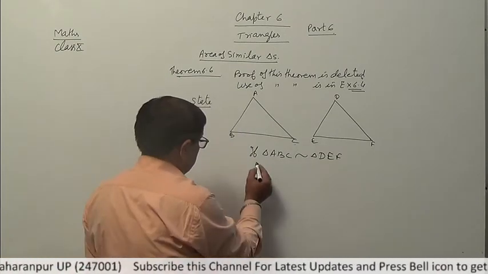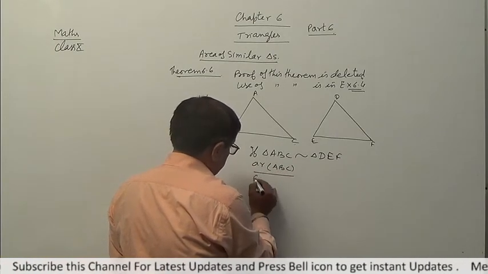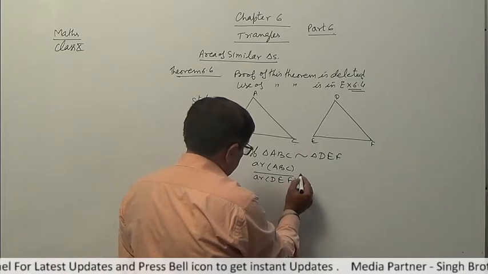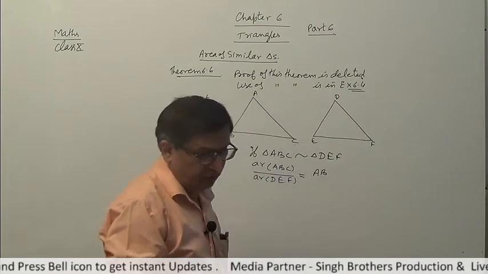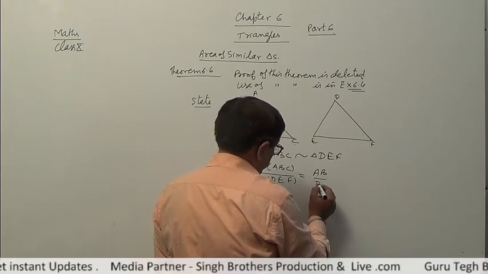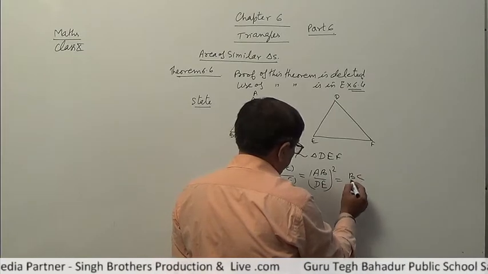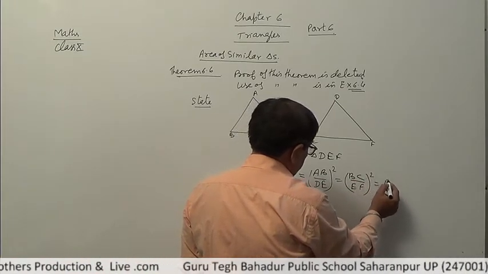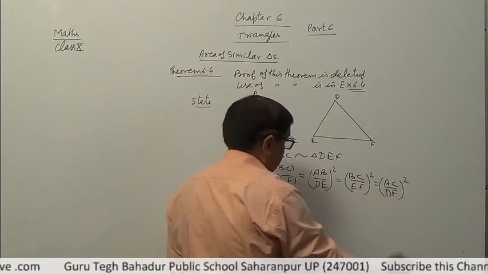area of triangle ABC upon area of triangle DEF is equal to the ratio of the side squares: AB upon DE square, BC upon EF square, AC upon DF square.